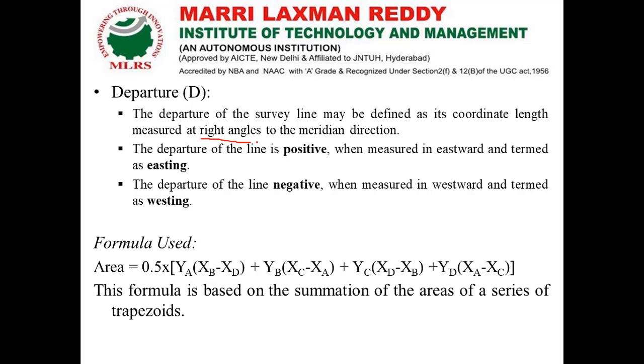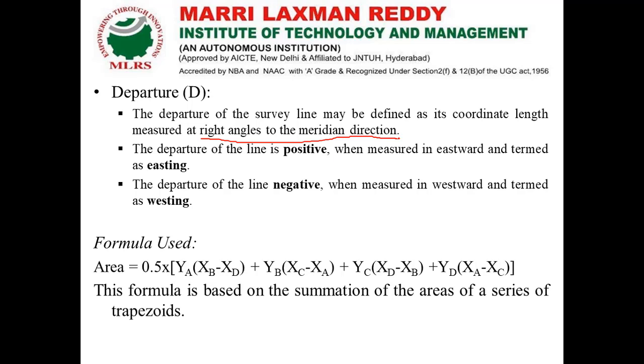When the departure is positive, the measurement is taken towards the east, and it is called easting. The departure is negative when we measure towards the west direction, and it is called westing.